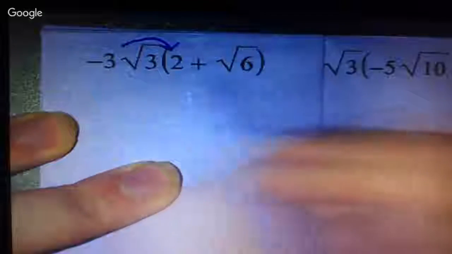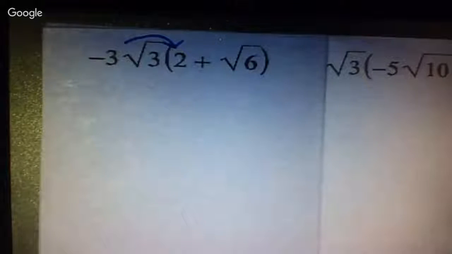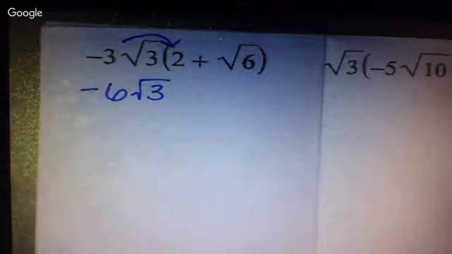Well, when I multiply a whole number, that just gets multiplied against my coefficient. So my first one becomes negative 6 square roots of 3. You took your coefficient, the negative 3, and multiplied it against the whole number, which was a 2, to give you the negative 6. And there is no radical, so you just keep that square root of 3.